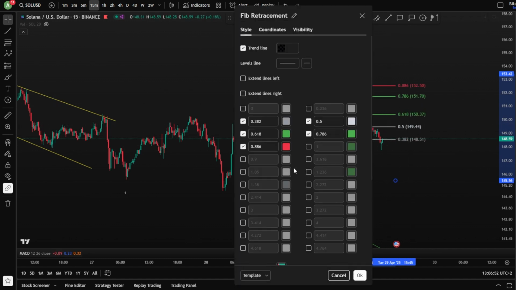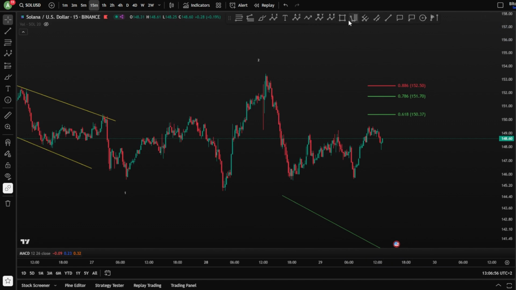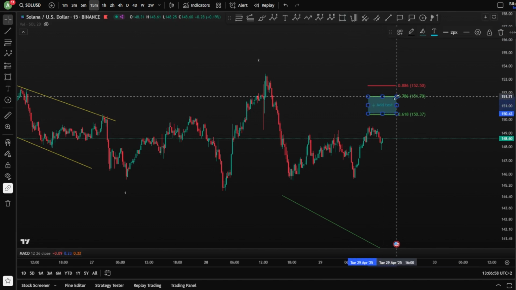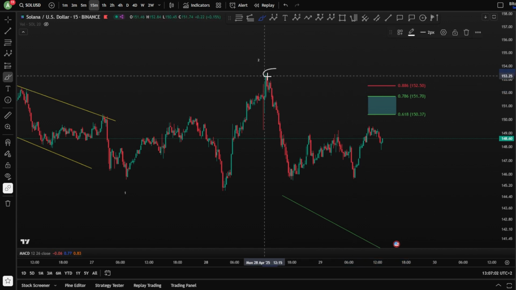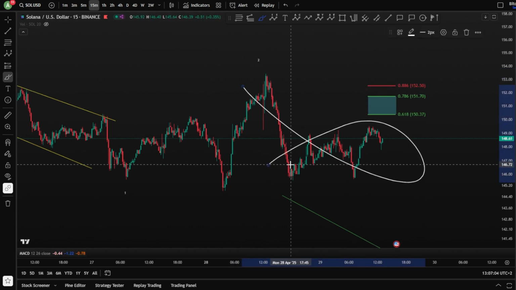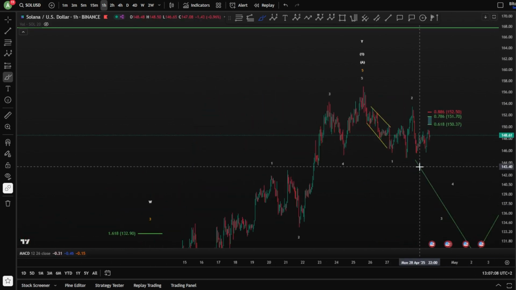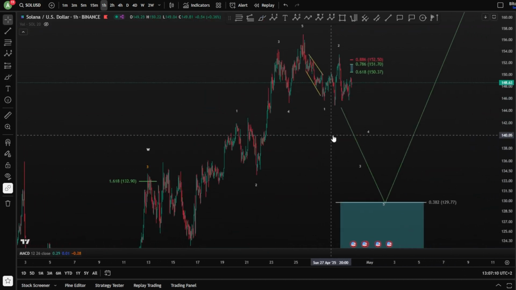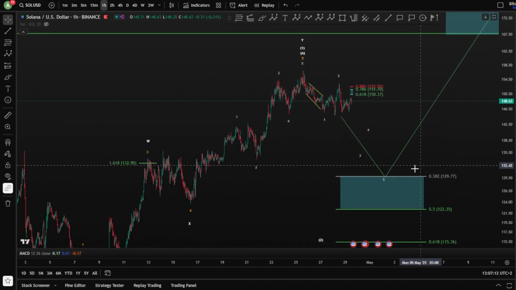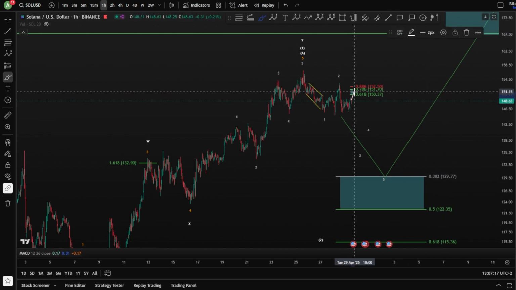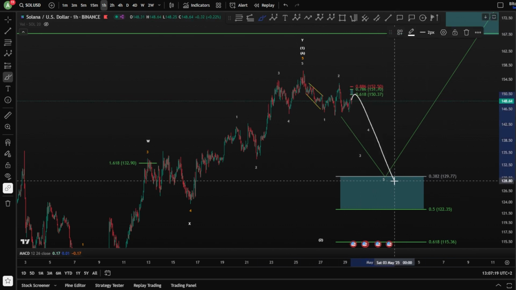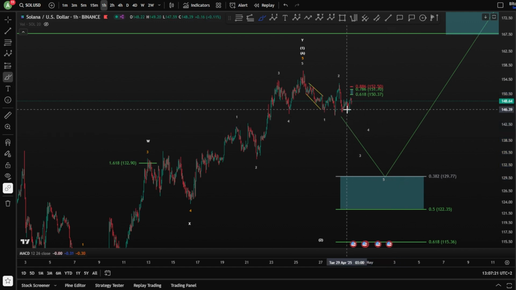We hit so far the 0.5 fib level. We can remove this. Potentially, if we're still looking for higher here, you would like to hit this blue box in case we hit the 0.886, meaning we're going to take the high invalidation of this impulse toward the downside. Okay, so basically this is what I'm looking forward to. And 0.38 is the main target, of course, after maybe potentially one more high and then continuation for lower.